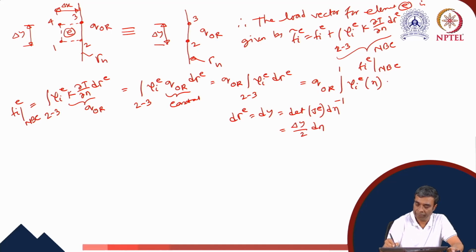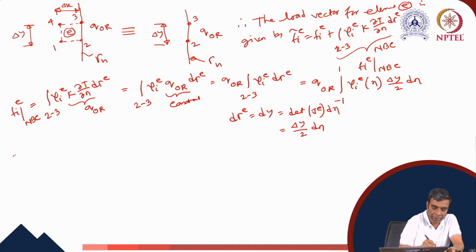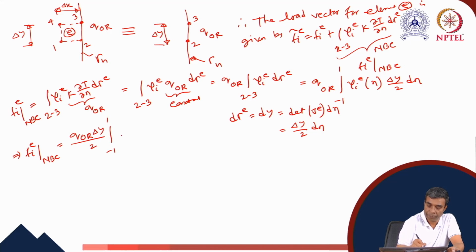So we can simplify FIE NBC equals Q0R into delta Y by 2 integration from -1 to 1 psi IE d eta.